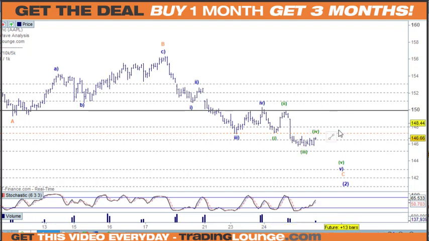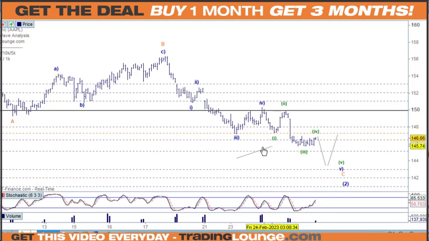We'll need to look for another low coming into play, and this wave 5 here can be roughly the same length as wave 1, just to give you a bit of guidance there. So all I need to do is wait to see how this plays out and how we build up from here, if we get a corrective pattern or an impulse pattern. It's just going to take a little while.